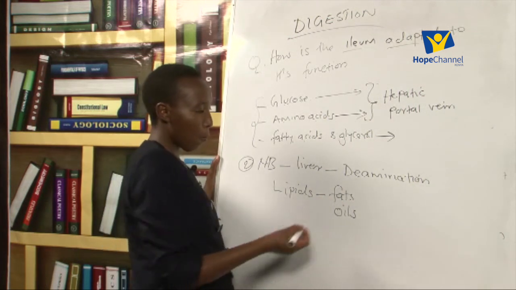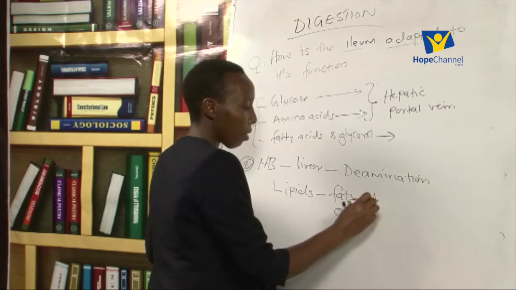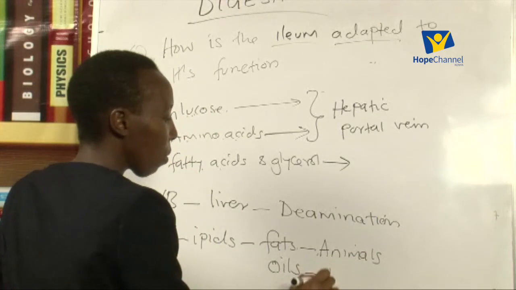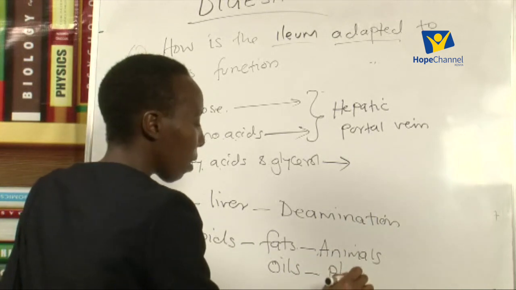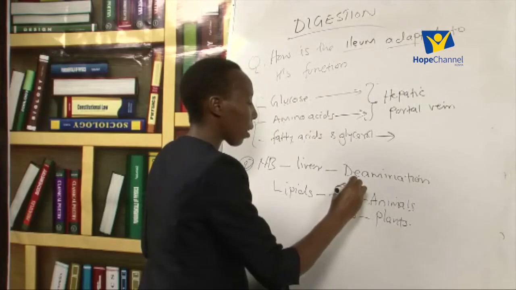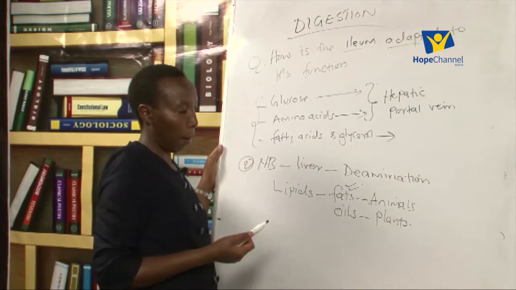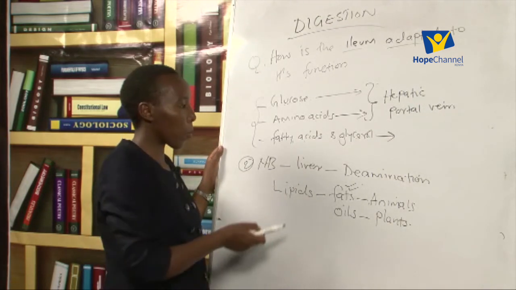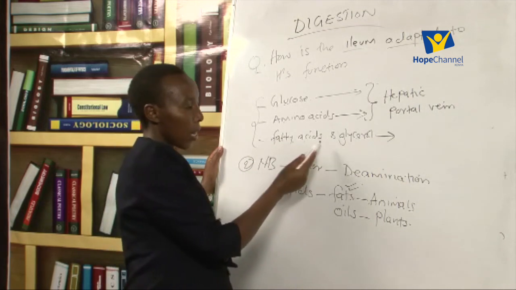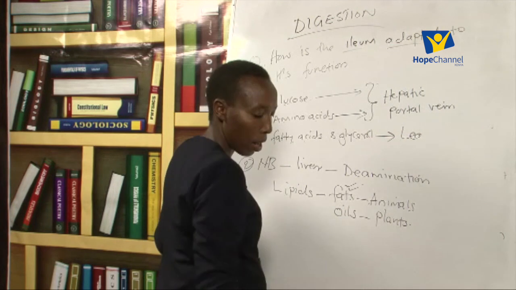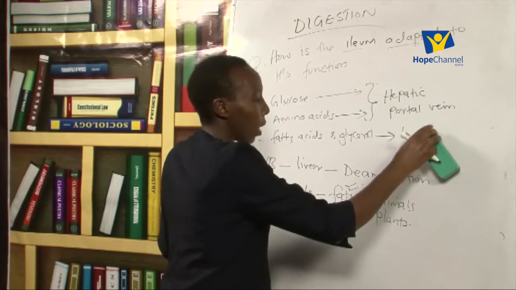For animals, this is where we find the fats. Then the oils, we find them in plants. So I want you to pick this one. So, what do we know about fats? Because immediately the fatty acids and glycerol are absorbed, they are absorbed into the lacteal.